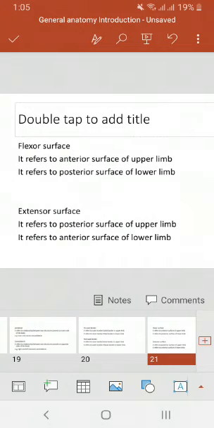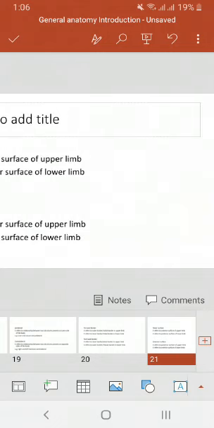For the lower limbs, the flexor surface is the posterior surface. And again, the extensor surface refers to the posterior surface of the upper limb and posterior surface of the trunk also. But in case of lower limb, it refers to the anterior surface of the lower limb.